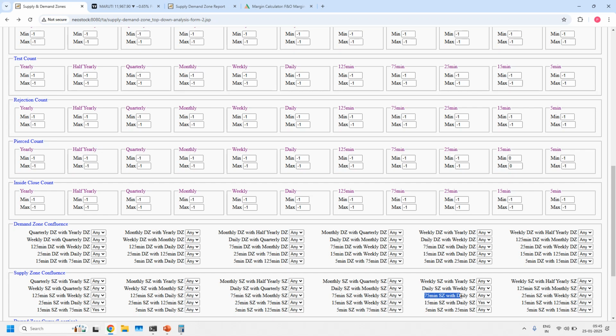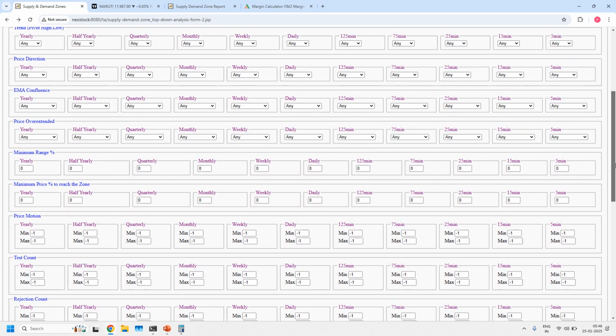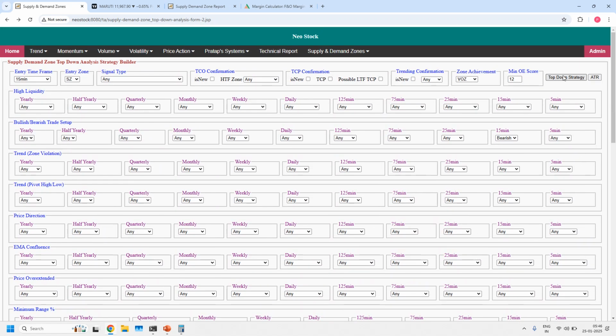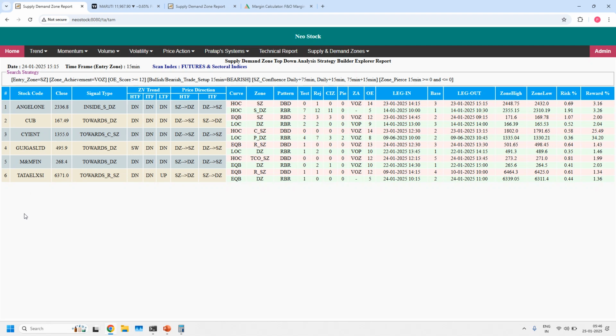The third filter is ITF and HTF, where ITF is 75 and HTF is daily confluence. So we set 3 filters, and all 3 filters ensure LTF, ITF, HTF confluence is available, that means 15 minutes, 75 minutes and daily zone confluence. If any stocks have that, only those stocks will display. See, now it has filtered 6 stocks.